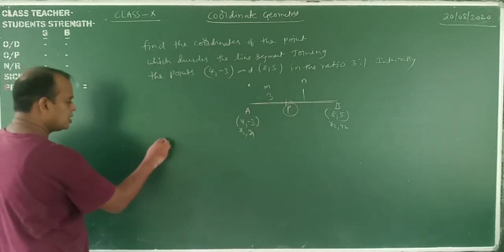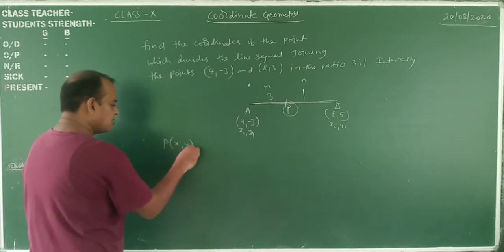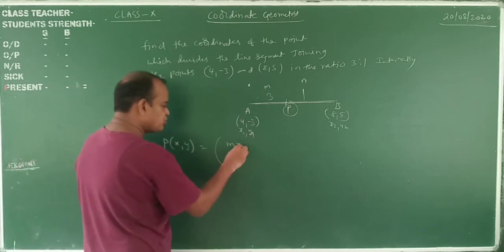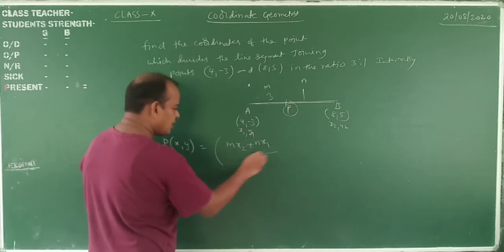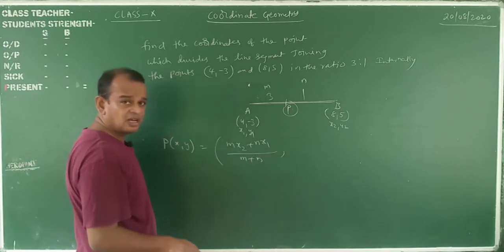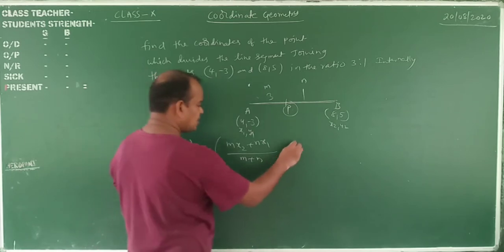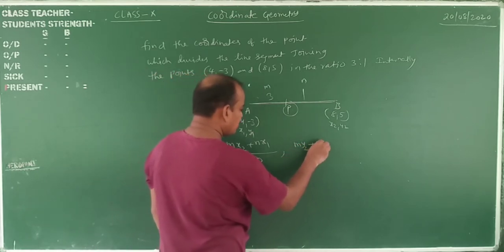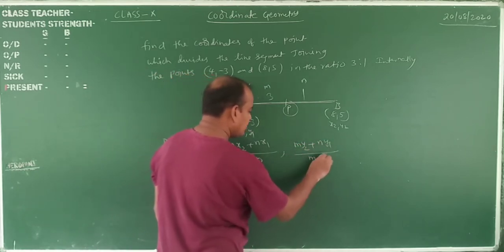Therefore, P = (x, y). You know the formula: (mx2 + nx1) / (m + n), comma, (my2 + ny1) / (m + n). First remember the formula.